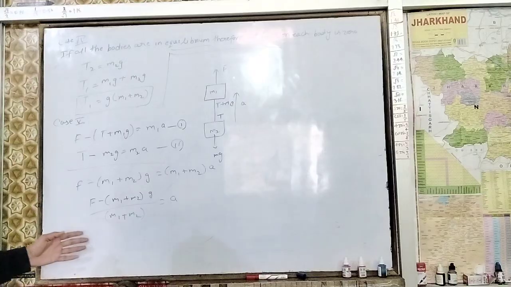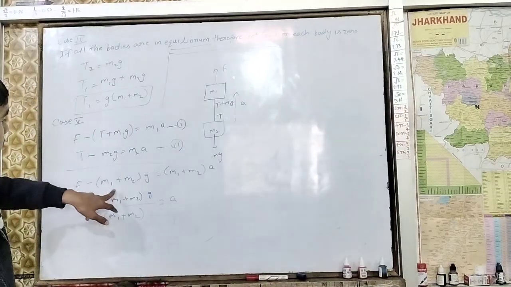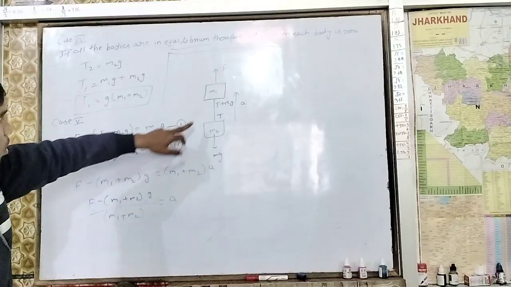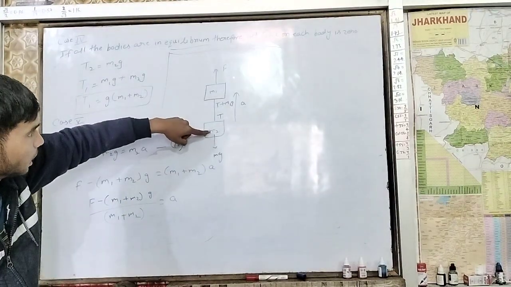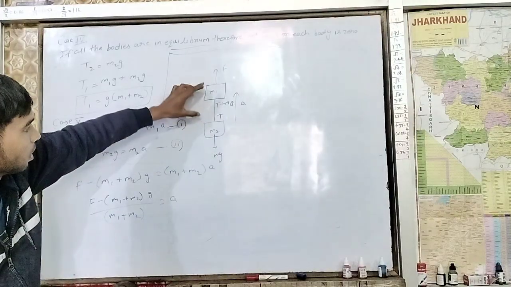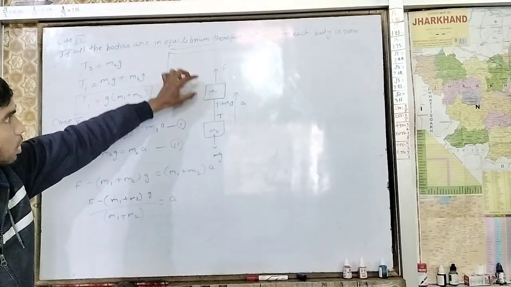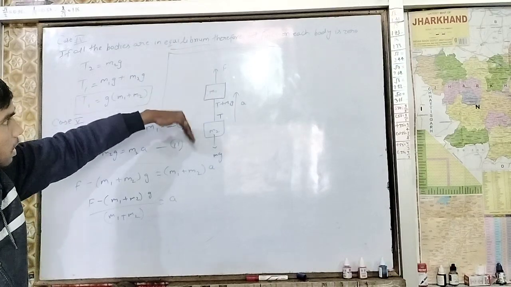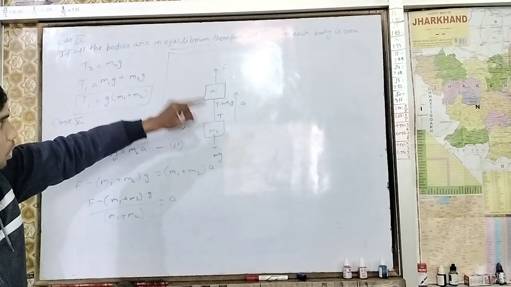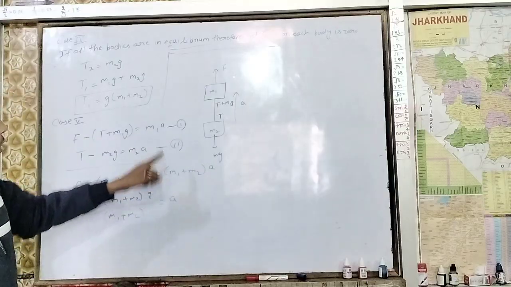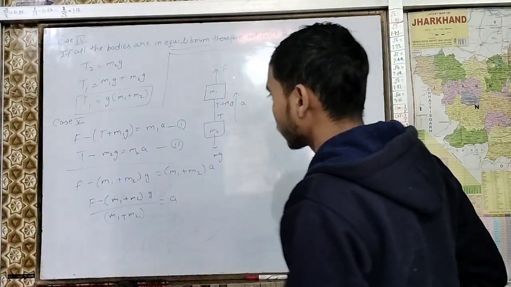So what is happening over here? This F and total mass, F minus total mass m1 plus m2 into g, because g is a constant for both bodies. So upward force minus downward force with a mass, m1 plus m2 into g, is equal to total mass into acceleration, ma.